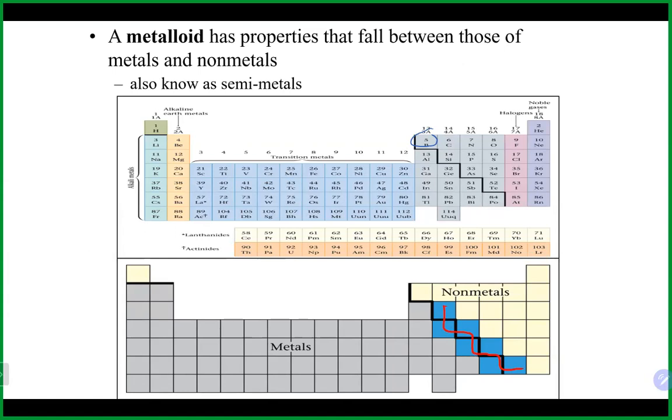So they have the same type of properties on both sides. And that makes sense given where they're located. They're almost like a transition point between the metals and the non-metals as you go across the periodic table.